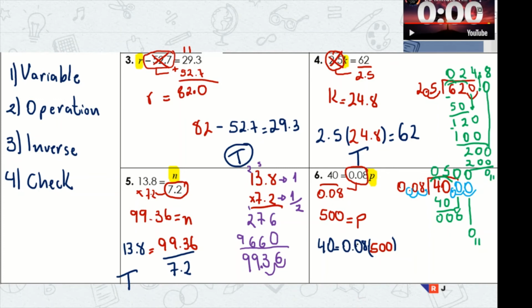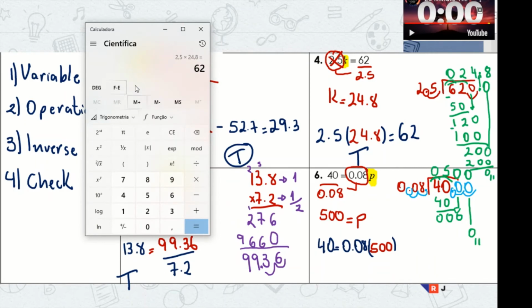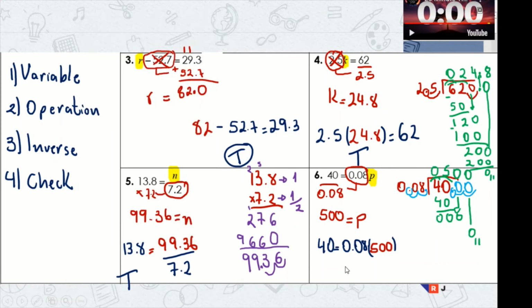True statement. You can check in a calculator. We have 500 times 0.08, hundredths. It is 40. That's correct. Is the statement true? It is true.